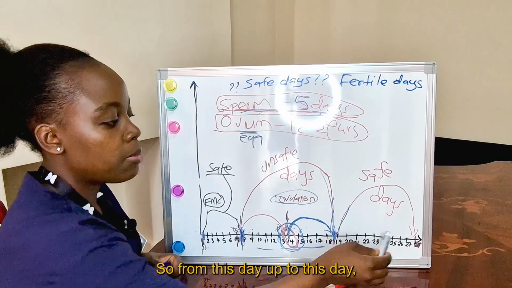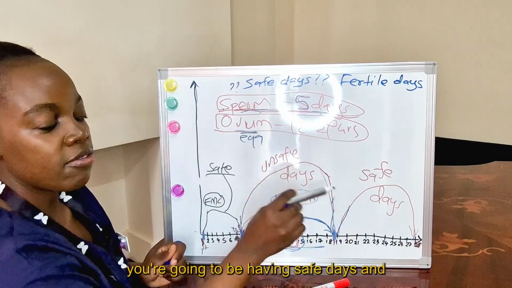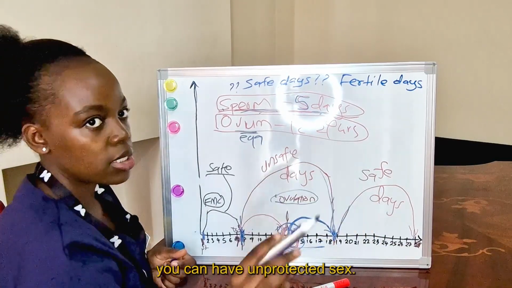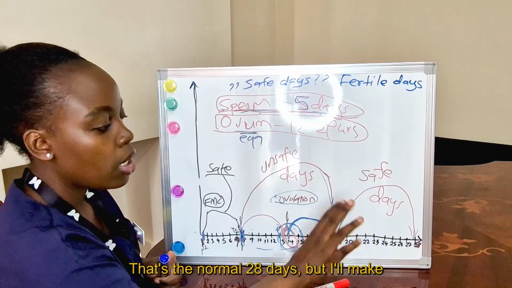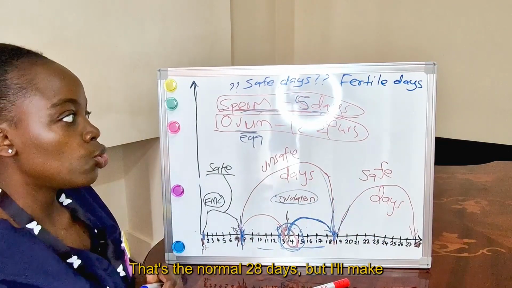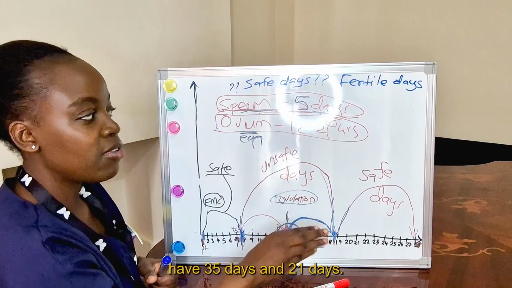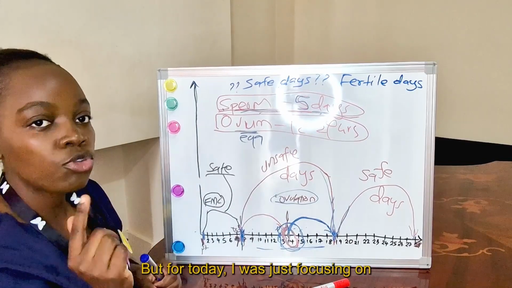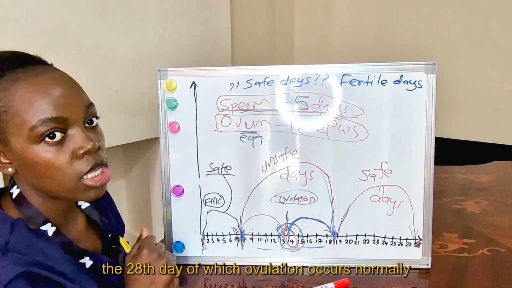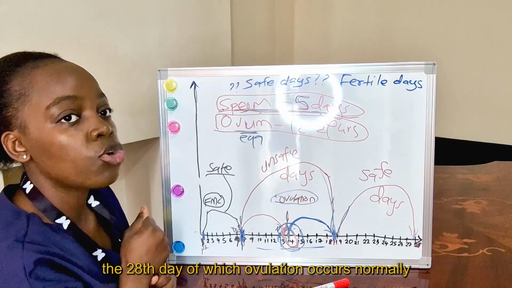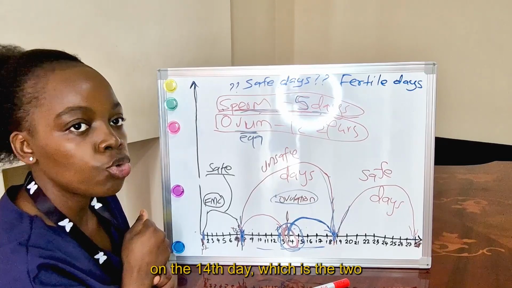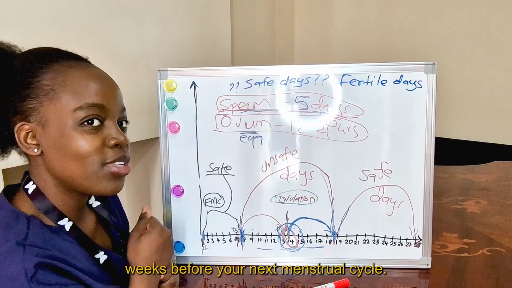So from this day to the end you have safe days. That's the normal 28 days, but I'll make sure to do a video on those who have 35 days and 21 days. For today I was just focusing on the 28-day cycle, where ovulation occurs normally on the 14th day, which is 2 weeks before your next menstrual cycle.